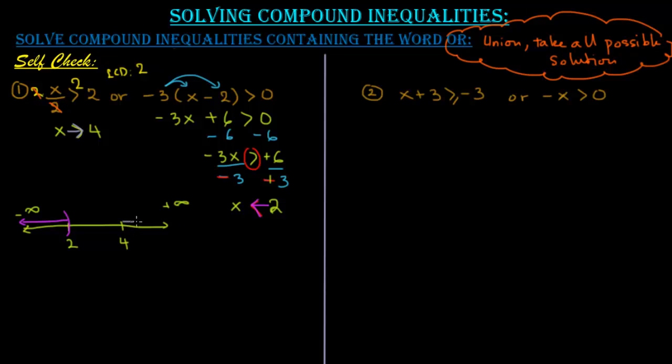That point goes to the right, and without the equal sign, that will be another parenthesis. With the OR problem, we take all possible solutions. So we start from negative infinity to 2, close parenthesis, union, open parenthesis for 4, and go all the way to positive infinity. And that's the answer for problem 1.